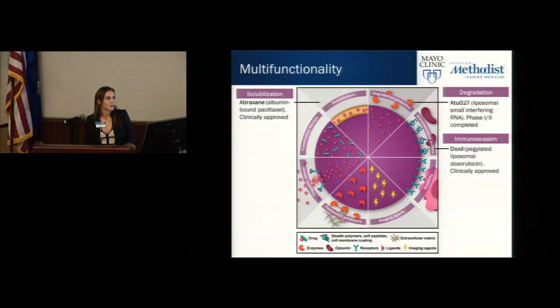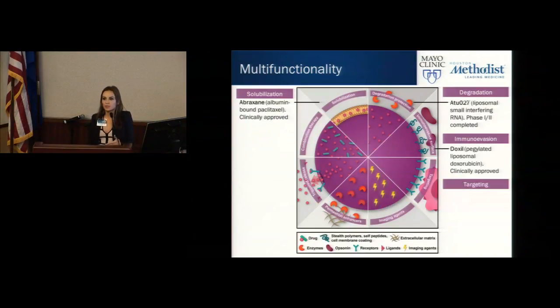So this is a lipid-based nanoparticle with doxorubicin inside. And on the surface, it is pegylated with this polymer. And this polymer basically prevents opsonins in the blood circulation from binding to the surface of the nanoparticle, and these opsonins in turn would trigger macrophage uptake of the nanoparticles.